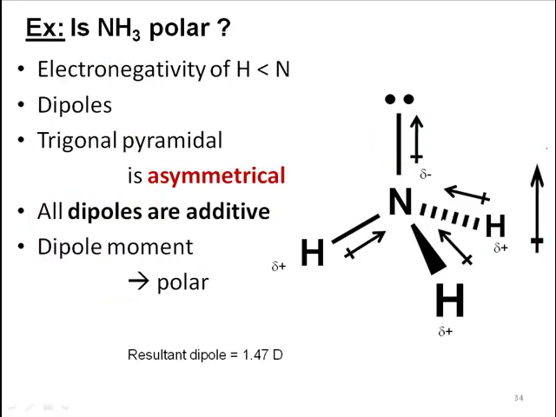Why does the dipole moment increase going to the lone pairs? It doesn't have to do with the lone pairs. It has to do with nitrogen in particular. Nitrogen has a greater electronegativity than hydrogen. So the electrons are moved towards this direction. The lone pairs don't necessarily have anything to do with the fact that the electrons are pulled this way.